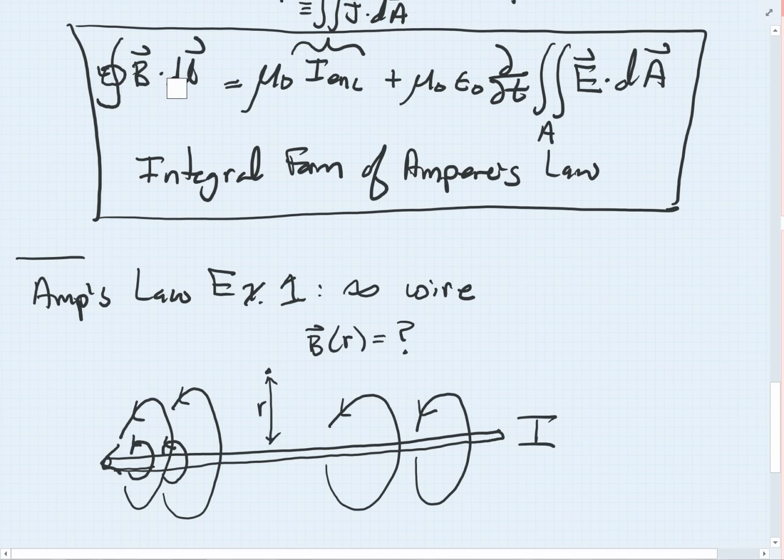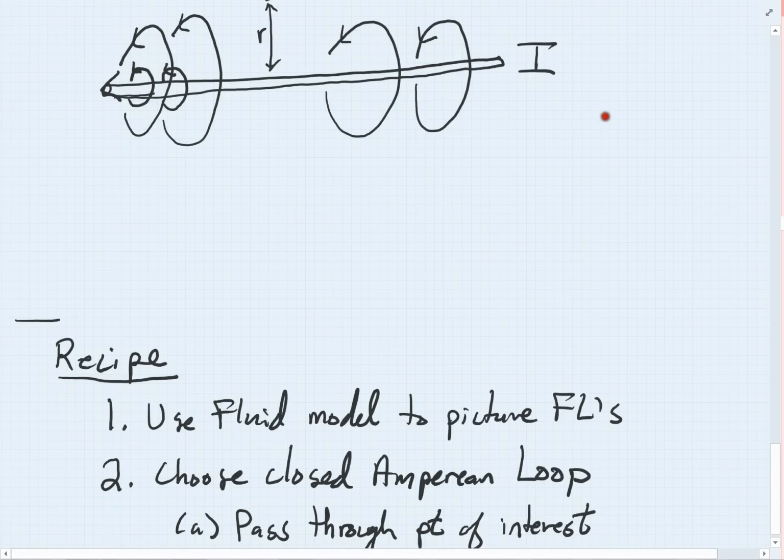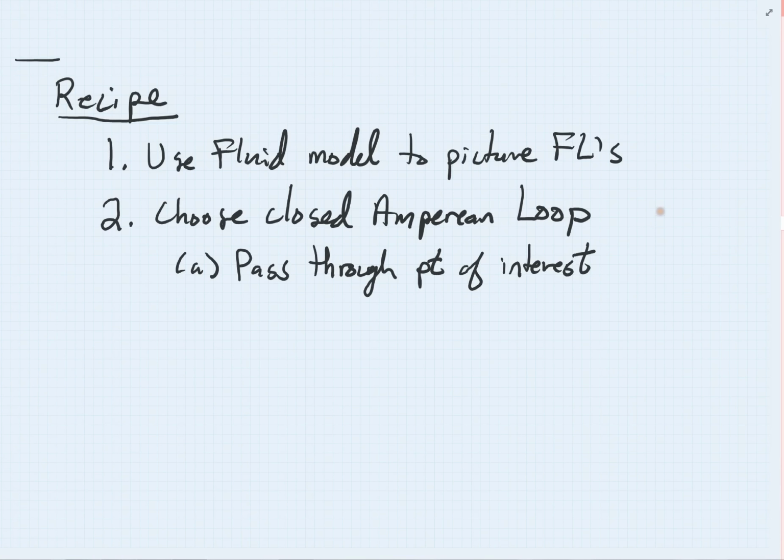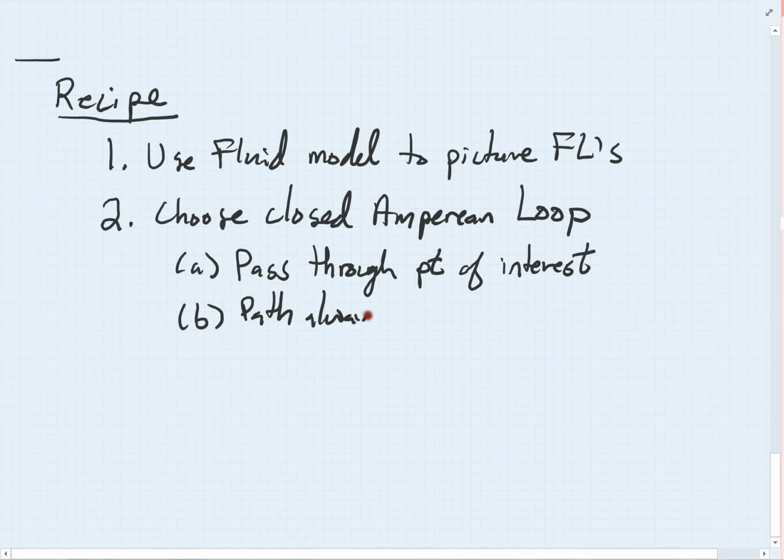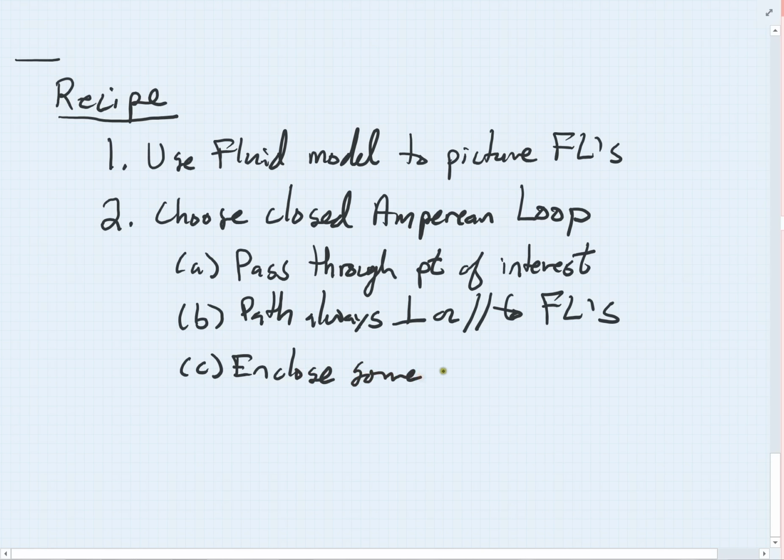That dot product we would like to work out simply in our favor, with a cosine always giving us 1 or 0. That means we have to pick a path that is always either perpendicular or parallel to the field lines. And number 3, we want this to, of course, enclose some current. Otherwise, we will just get 0 equals 0. So it should enclose some current.